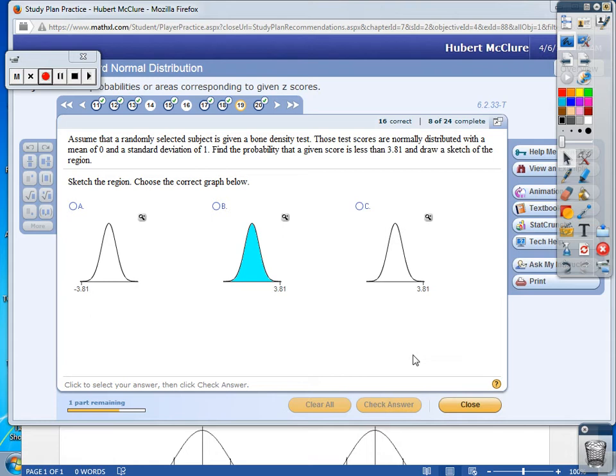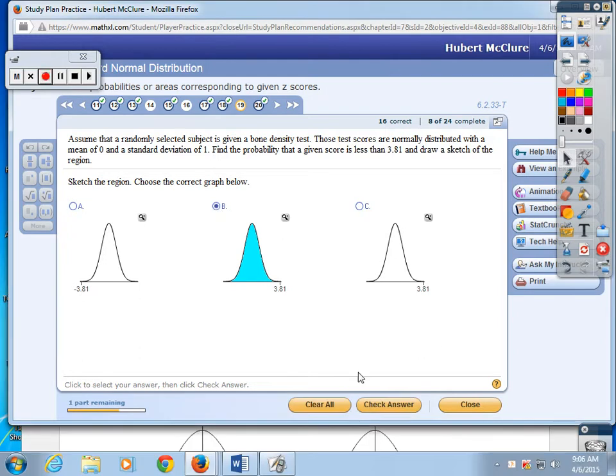All right, try this one. Assume that a randomly selected score and so on. Find the probability that a given score is less than 3.81. The only thing they're trying to show you here is that if you get a score above 3.5, your answer is going to be 0.99999.